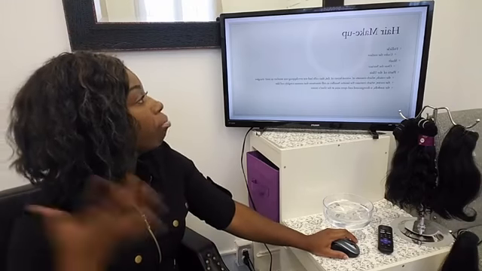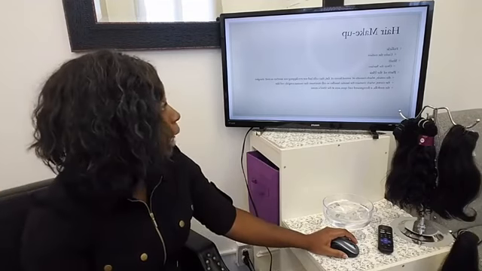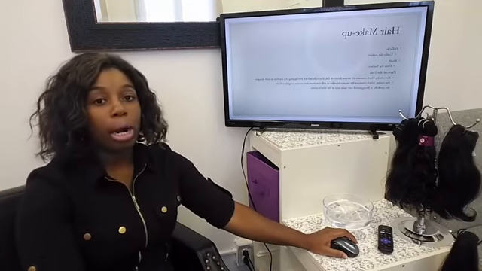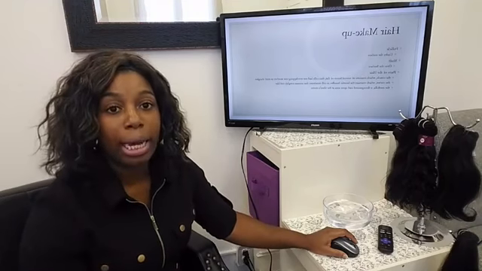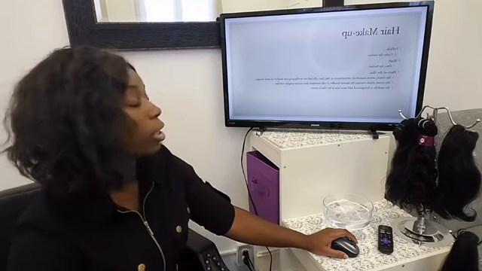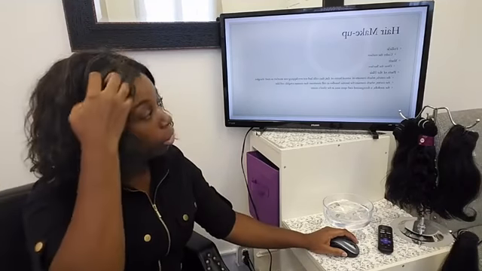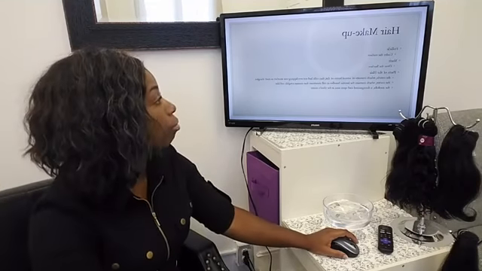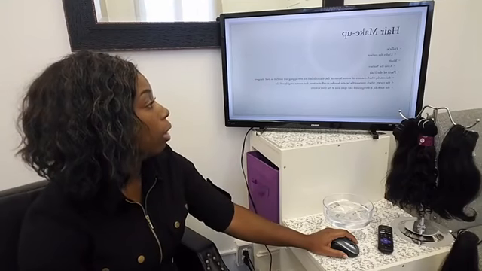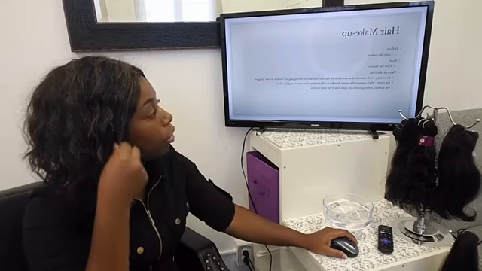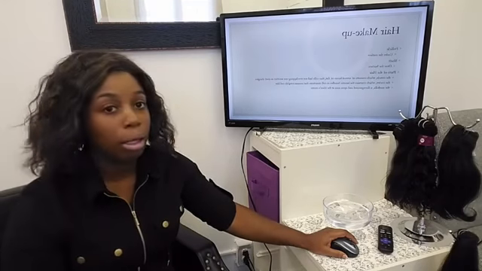So the hair itself, each strand of hair has three parts. It has the follicle, which is what we cannot see, which is under the surface. We have the shaft, which is what is visible to us above the surface. And the parts of the hair strand itself are the cuticle, the cortex, and the medulla.